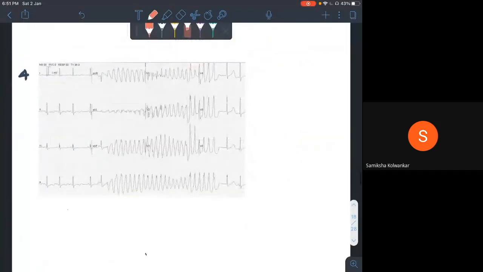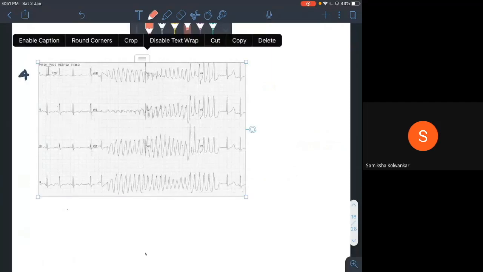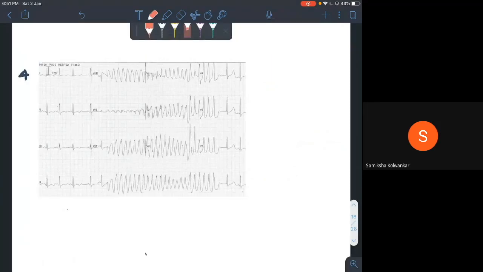Okay, number 4. This is simple. Quickly, you can just look at it and you know that this looks very physicsy. Yep, this is torsades.